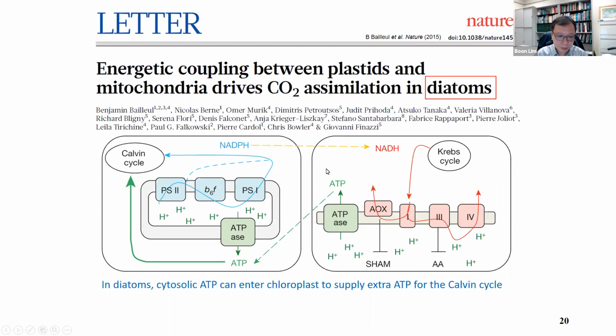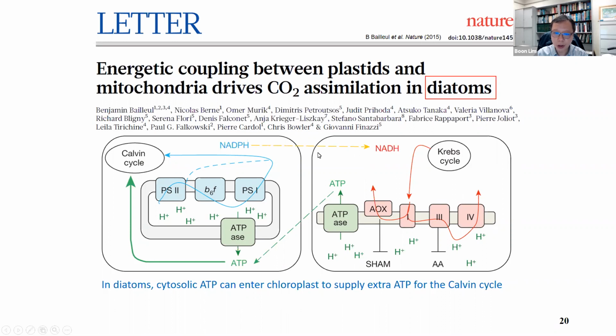Here, they show that in the chloroplast of diatoms, surplus NADPH will be transferred through the malate-OAA shuttle to the mitochondria and converted into NADH.